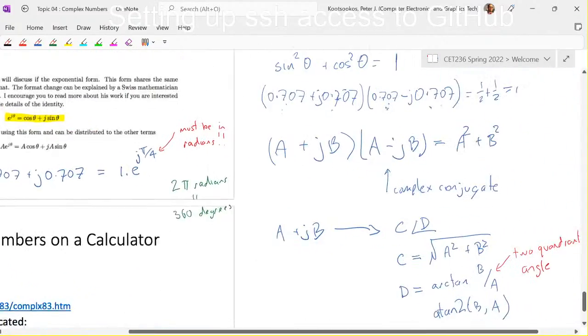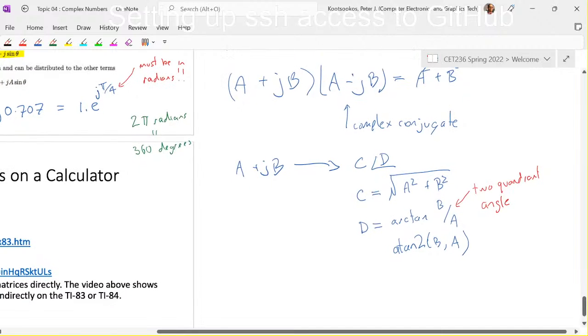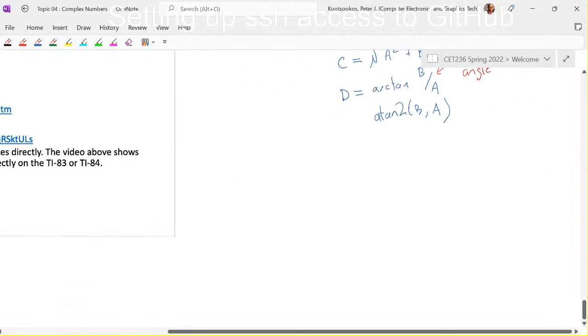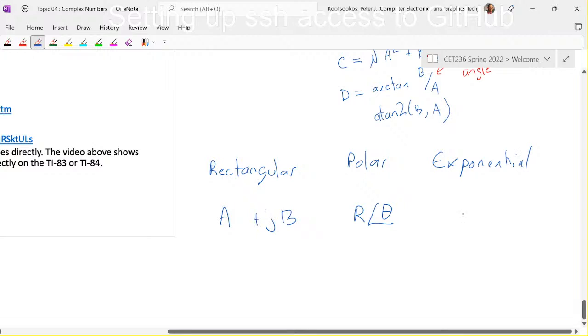So let's just write that down. So here we've got, let's go back to that one: rectangular, a plus jb; polar, r angle theta; exponential, r e to the j theta.